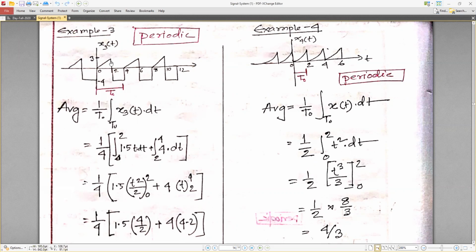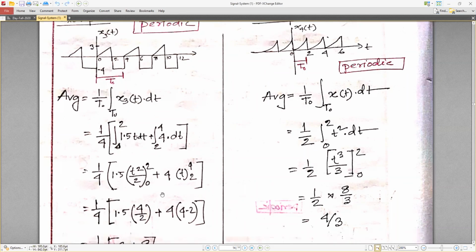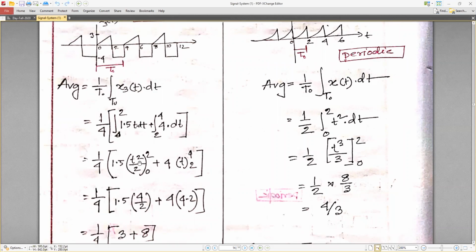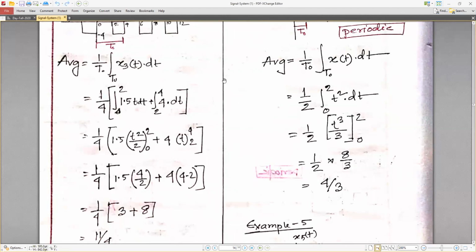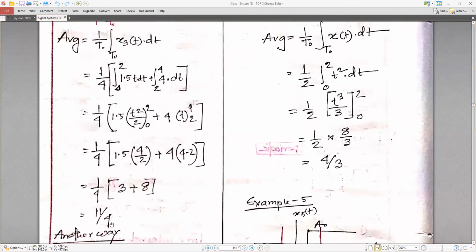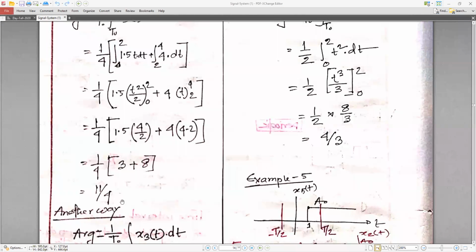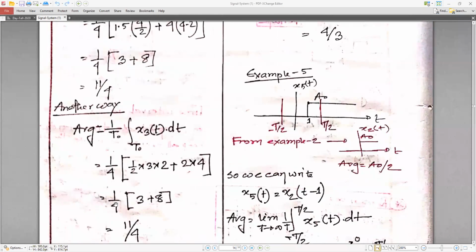So that means 3 minus 4, minus 1, so 5, it would be 5. Okay, so now put the values here. In t square, if we put the value of 2, that means 4 by 2, 0 means 0, 4 minus 2. Put these values here, then you will get 3 plus 8 divided by 4. That means 11 divided by 4. So here is another way.